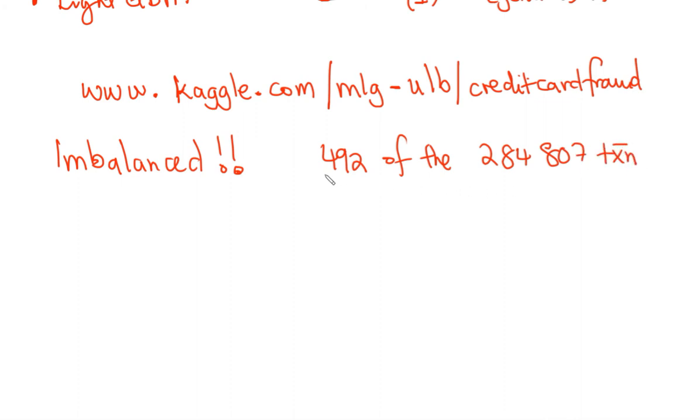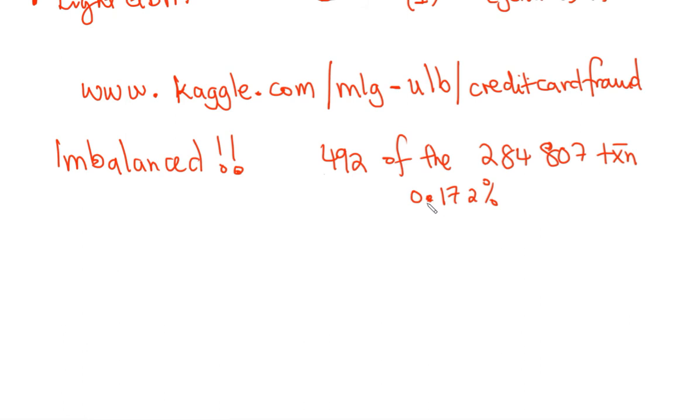So only 492 out of all these transactions are fraud, and that is a fraud rate of 0.172%. So you can just imagine how imbalanced this data set is. It's incredible, but it is what we want when we're dealing with fraud data sets.